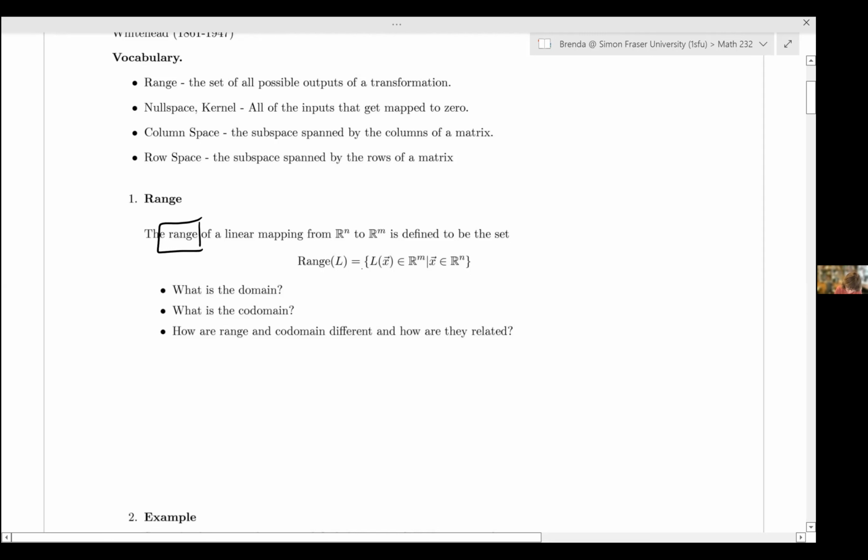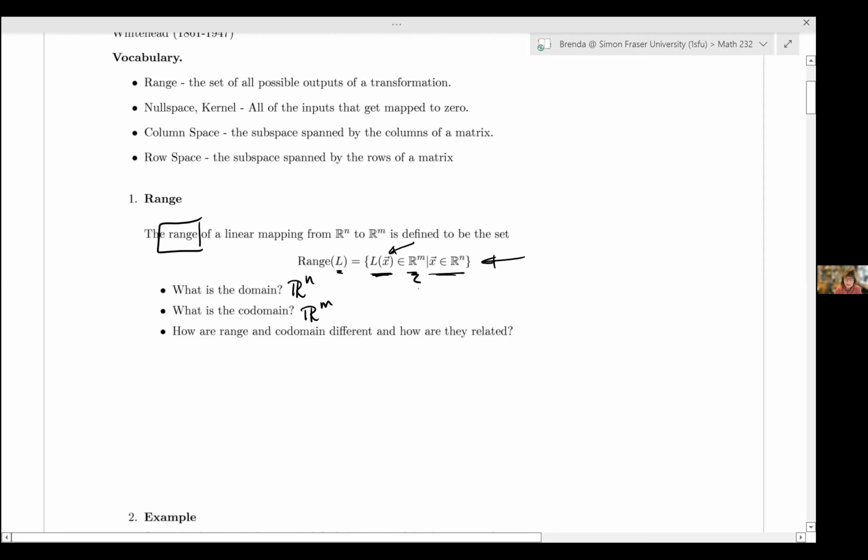We would read this as: the range of L, the linear transformation or linear mapping, is all the outputs of the function L when given the inputs x, where x is in the domain. In this case, the domain is R^n, and the codomain is R^m because the outputs are in R^m.